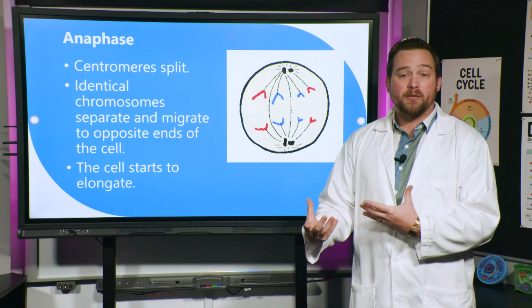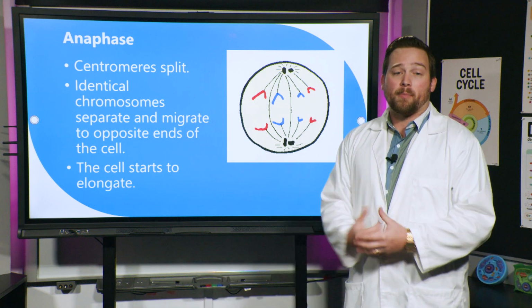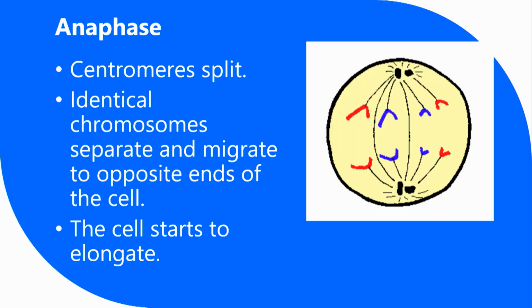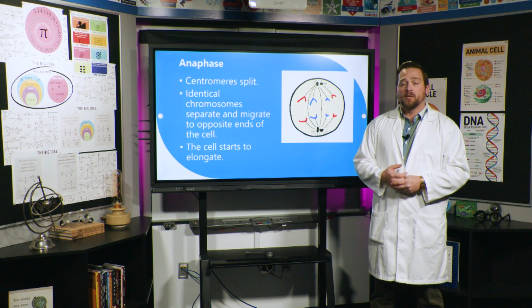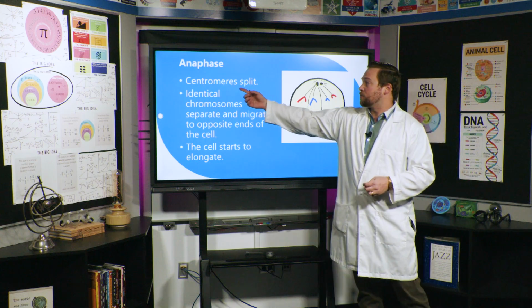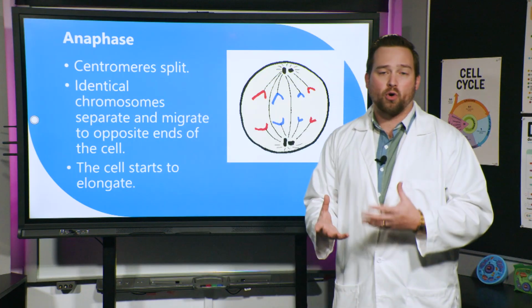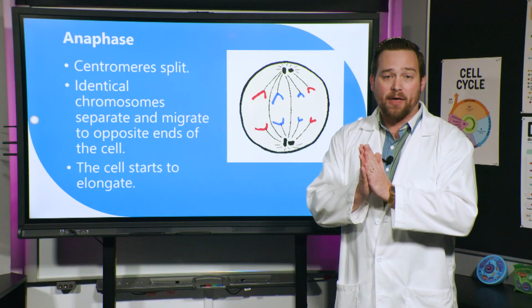So we've done prophase and metaphase. Let's talk about the next part of mitosis, which is called anaphase. The word I want you to remember for anaphase is either away or apart. What's happening here is that those chromosomes are going to split and start moving away from each other. Remember this word right here, the centromeres. Those chromosomes are actually held together.